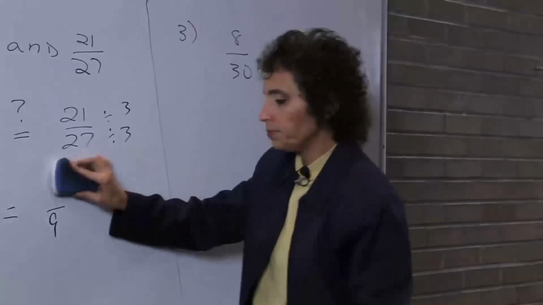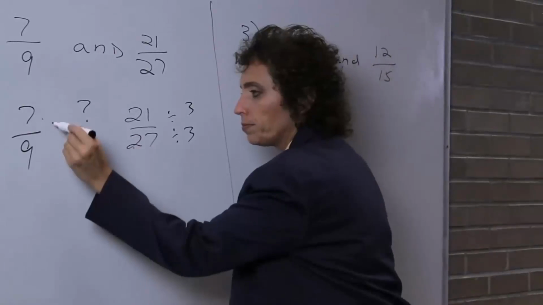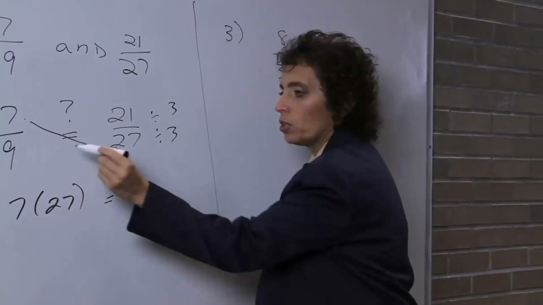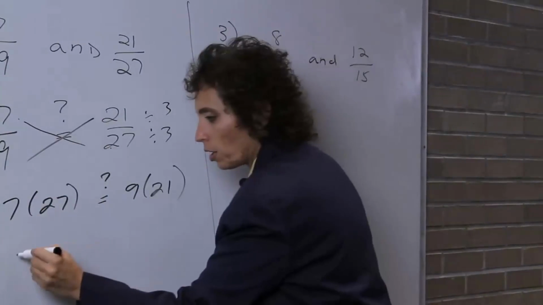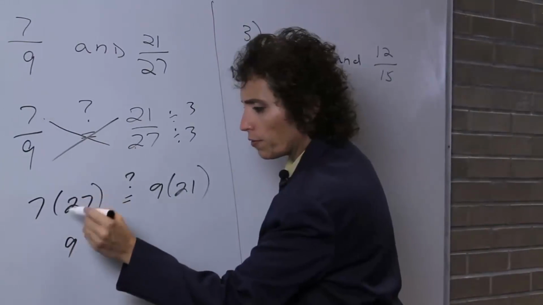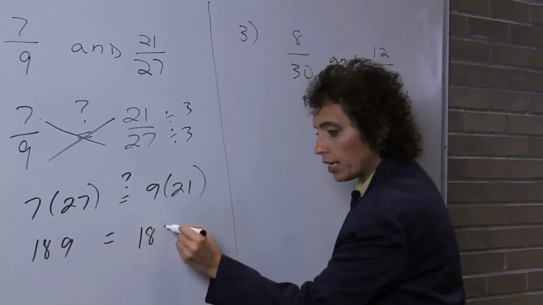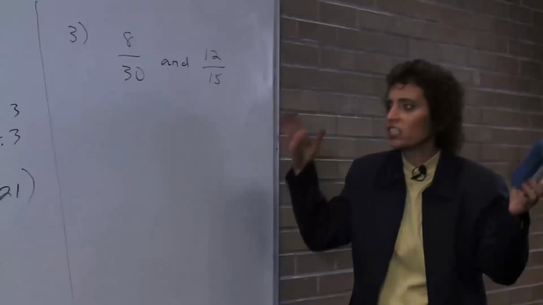I could say 7 times 27, wondering if that's equal to 9 times 21. This is 9, 49 carried a 4, 14, 189. And this is definitely 189. So we just showed you like 4 ways to show they were equal. So any way you slice it, these are equal.